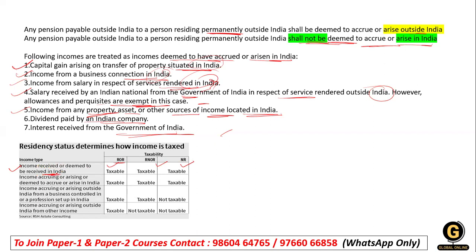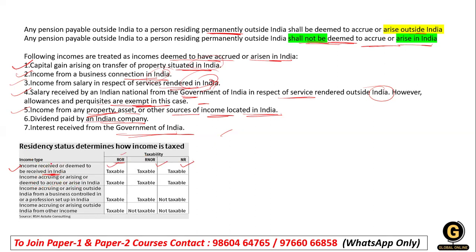That's why it is taxable for all these residential statuses. Now, income accruing or arising, or deemed to accrue or arise, in India.